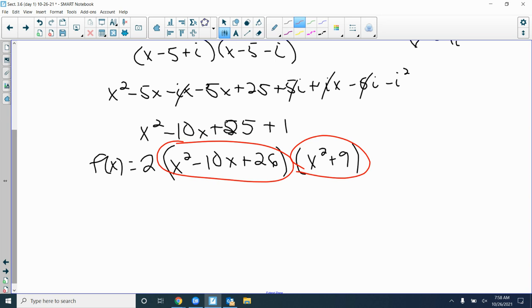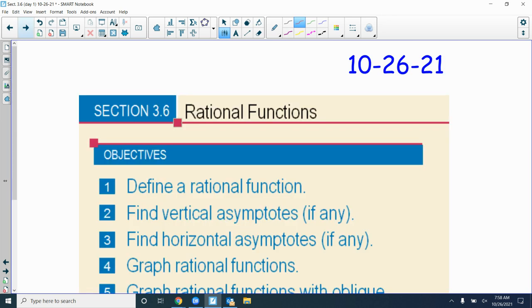We do have one more section that we're going to cover that's going to be on the test. There's a lot in this section, section 3.6. I do have some guided notes for you.